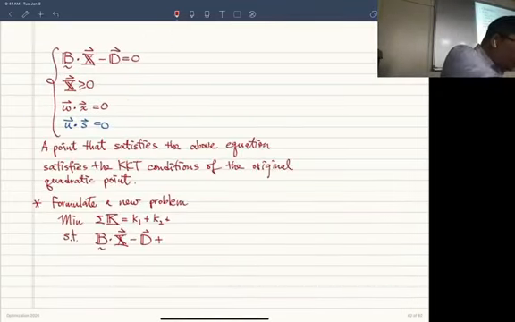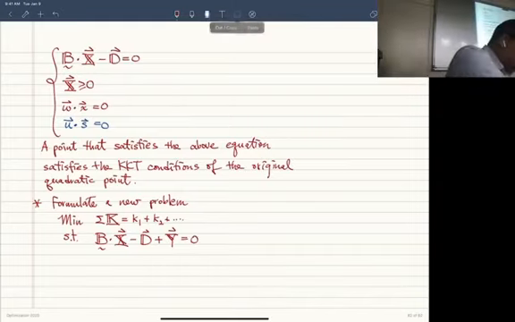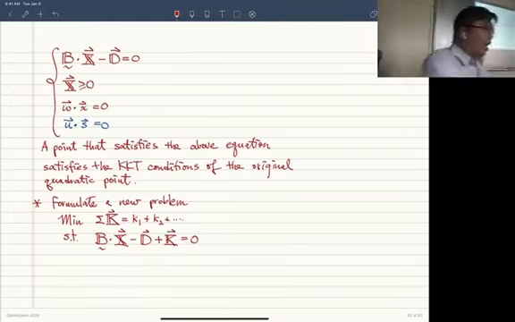So we don't know what's the length of K. And we put K here and make it equal to 0. We put all the k here.